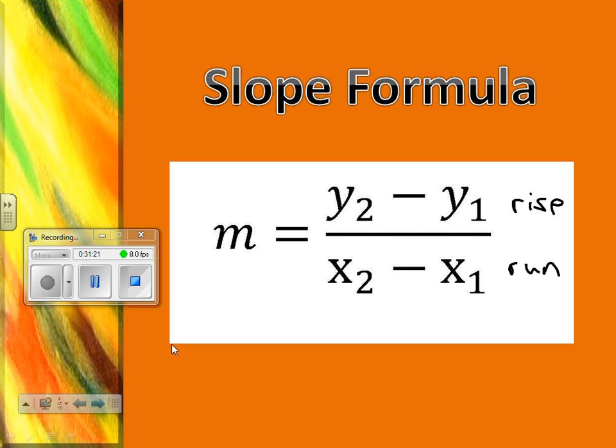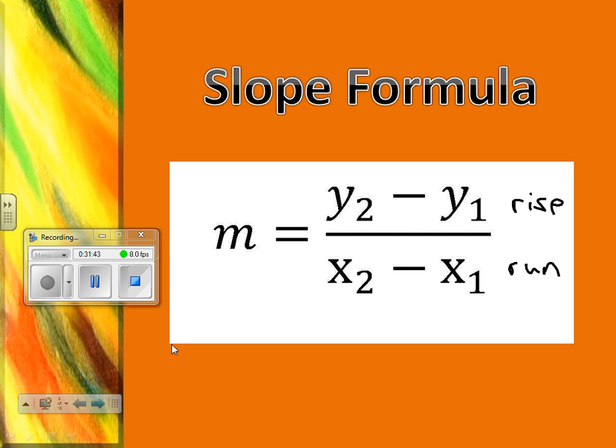Well, don't you have two y's? So you can't just say take the y and subtract the y and then take the x and subtract the x. Which x and which y? Does that make sense? So basically this says y sub 2, meaning your second y point, and subtract your first y point. Does that make sense?